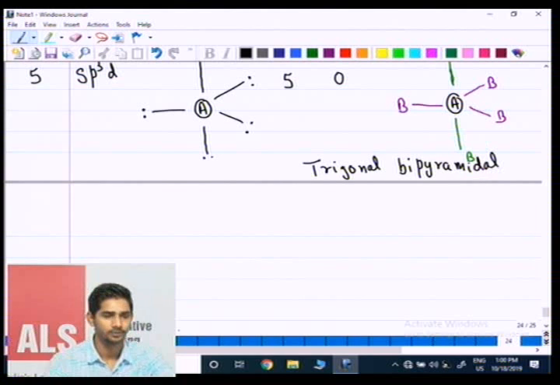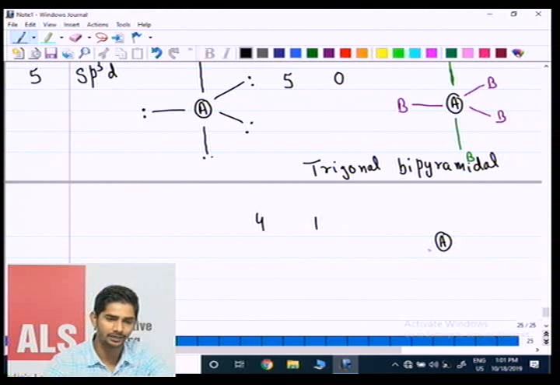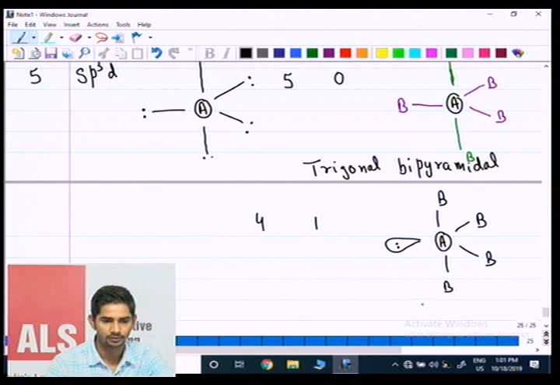Okay. Now the case number 2. 4, 1. In that case, it will look like this. B, B, B, and B. This is known as the seesaw. Okay.